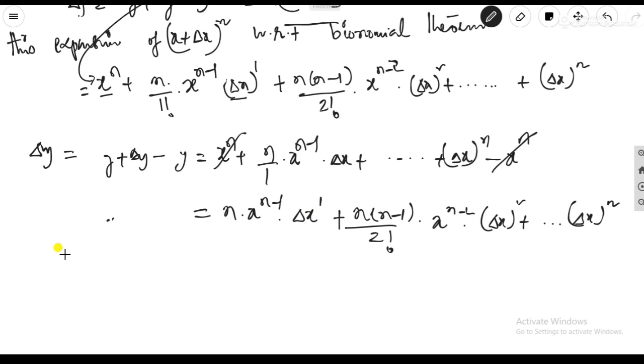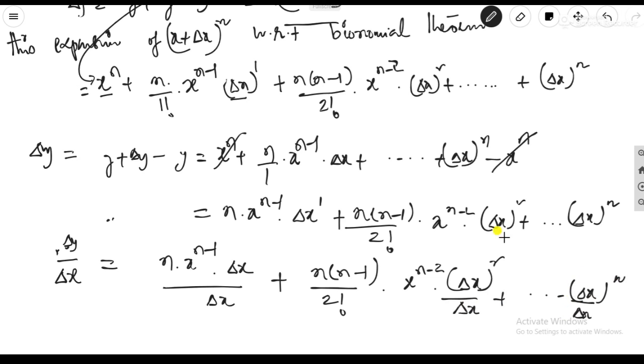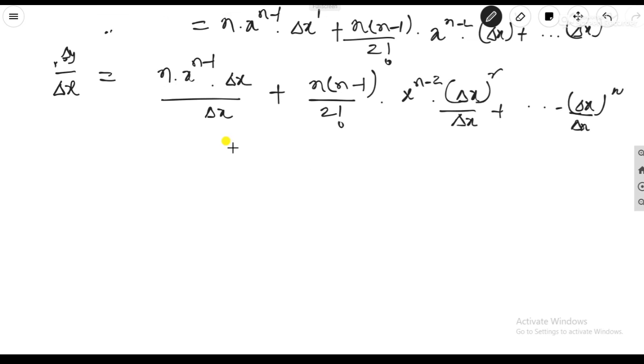So now the ratio delta y by delta x is equal to n into x power n minus 1 into delta x, and we divide this by delta x. The next term also we divide: n into n minus 1 by 2 factorial into x power n minus 2 into delta x whole square divided by delta x, and so on and so forth, up to delta x power n minus 1.